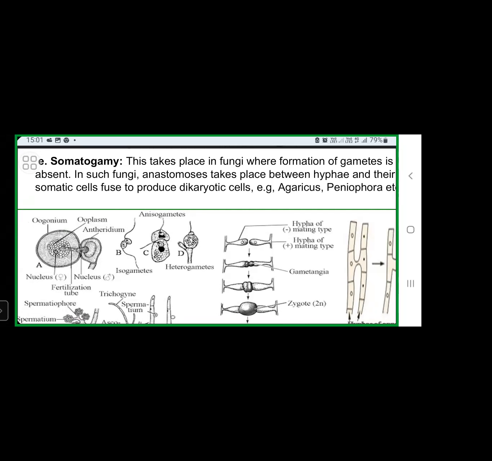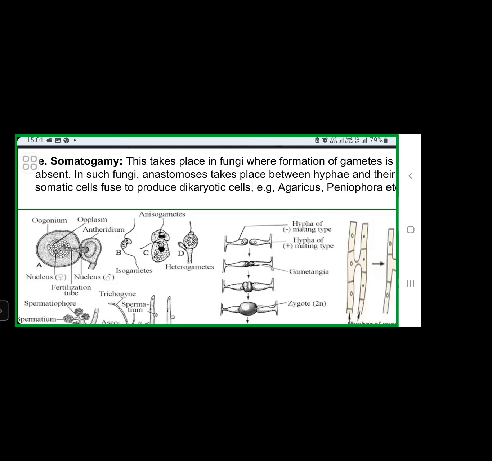That means male and female hyphae come into close contact with each other. There is no gamete formation in these male and female hyphae. But whenever they come close to each other, what will happen? These hyphal cells fuse with each other.